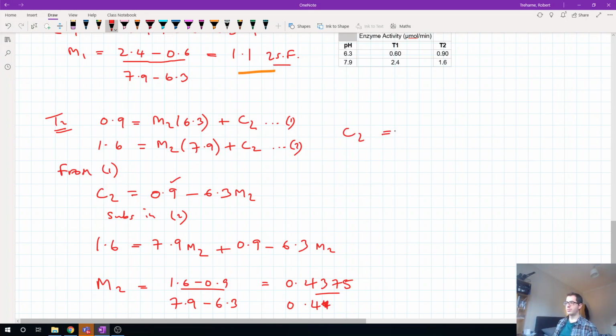C2 is equal to 0.9 minus 6.3 times 0.4375.